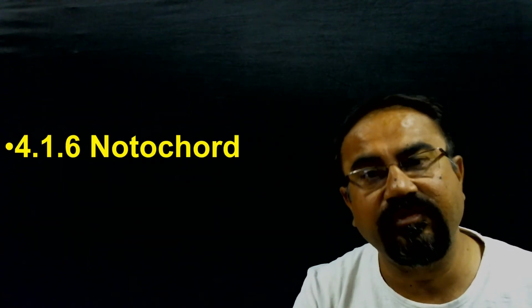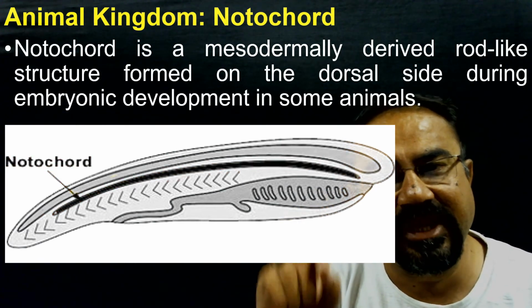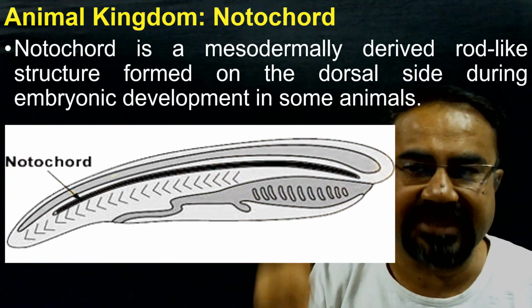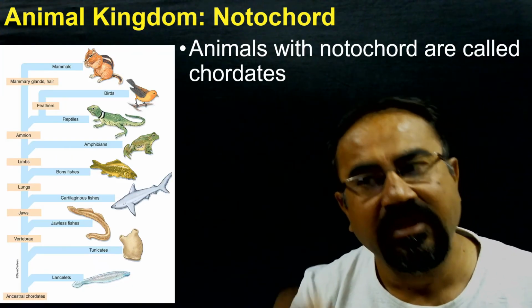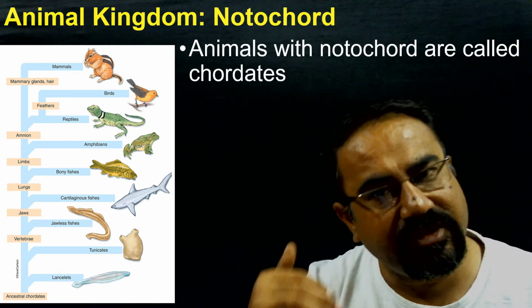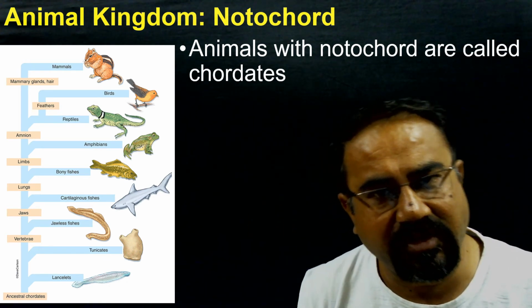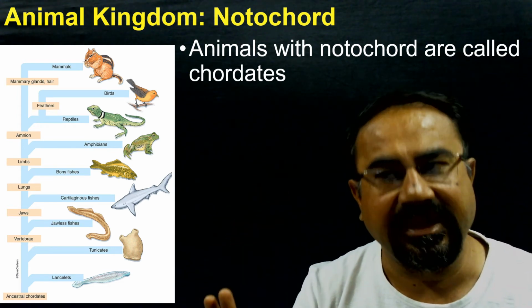Last and the important one is the notochord. Notochord is a mesodermally derived rod-like structure which is formed on the dorsal side during embryonic development in some animals. Those animals which have a notochord are known as chordates. All higher animals are chordates.